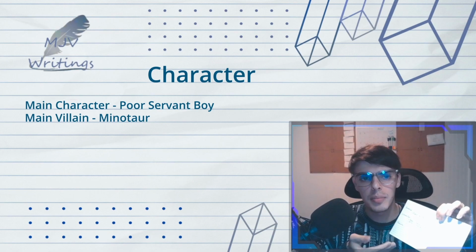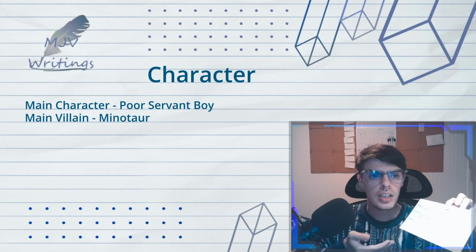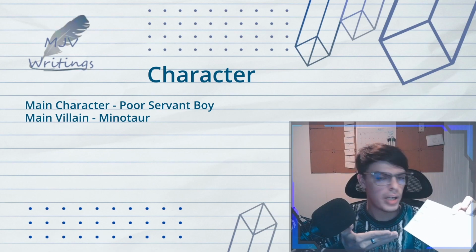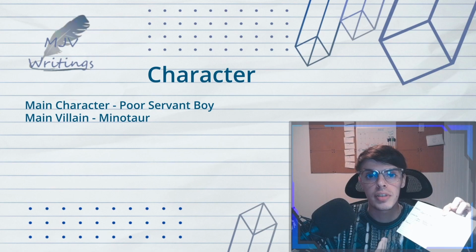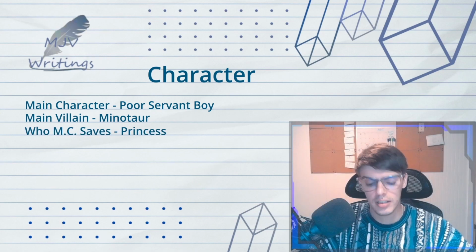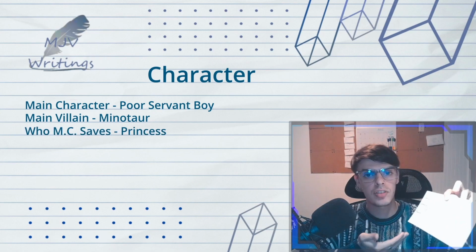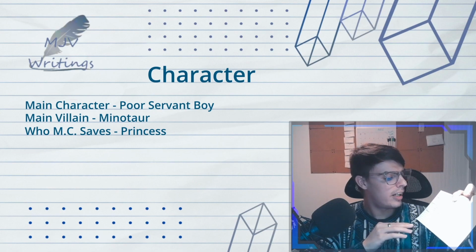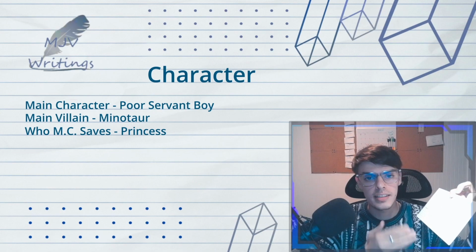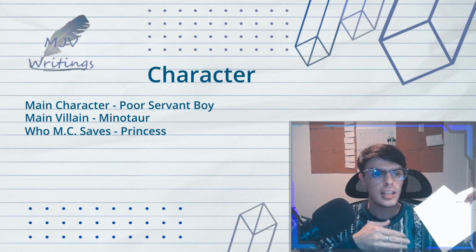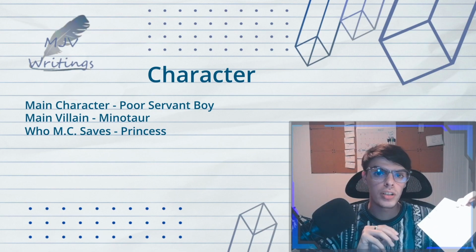Now let's talk about who he's going to save. There's a third person in my premise, so I'm going to have him save, how about a princess? He's going to save the princess of the land. So now our premise starts to make a little more sense. We have a servant boy fights an evil minotaur and saves a princess. That is the premise of my story, now more defined because I have three characters that are fitting for this.